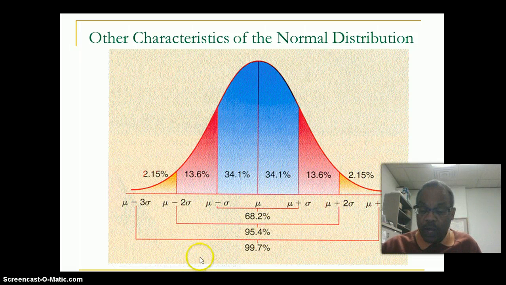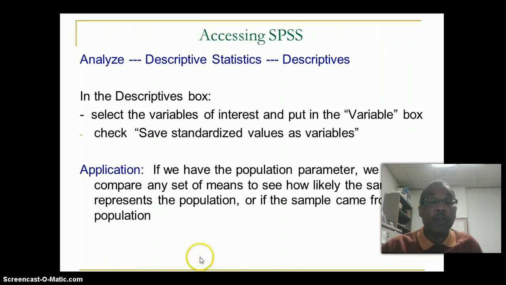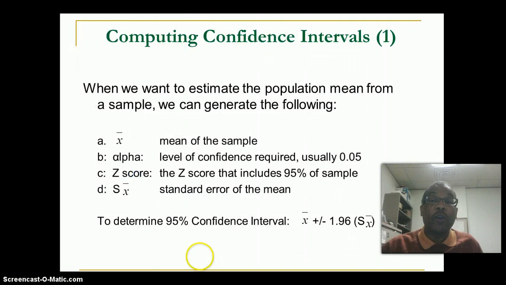So why is that important? It's important because when we calculate the confidence interval, or when we calculate the mean of the population based on the sample, we need to know what the 95% confidence interval, the 95% standard deviation is.